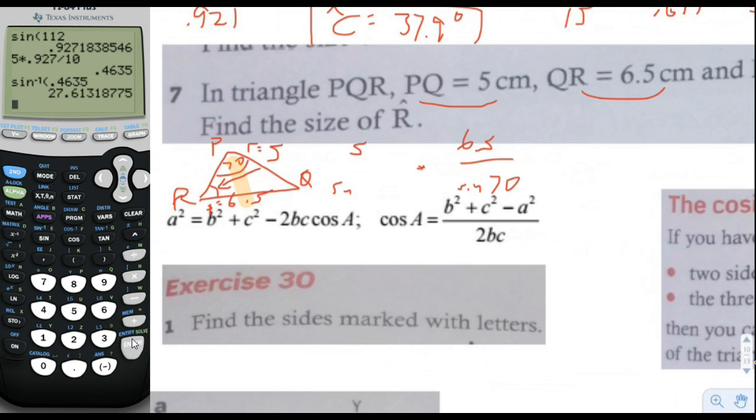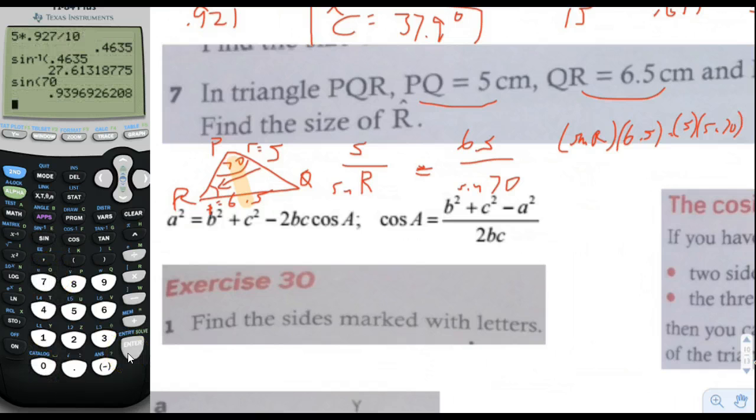Okay. Now we're going to cross multiply. So we're going to have sine R times 6.5 is equal to 5 times sine of 70. Okay, and then we'll find the value for sine of 70, which is 0.940.